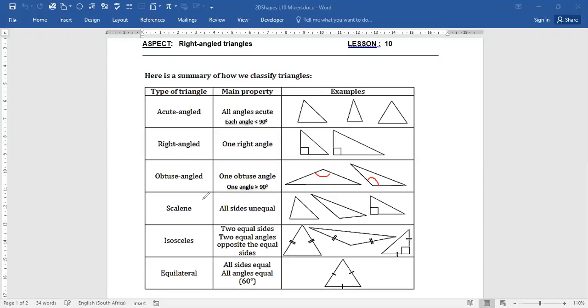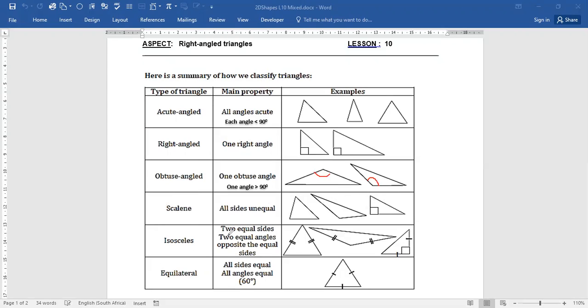Now, you can also classify a triangle with one of these other three here. We're looking at a scalene triangle where all sides are unequal. In a scalene triangle, all the angles are also unequal. Same rule applies to the sides as well as the angles.